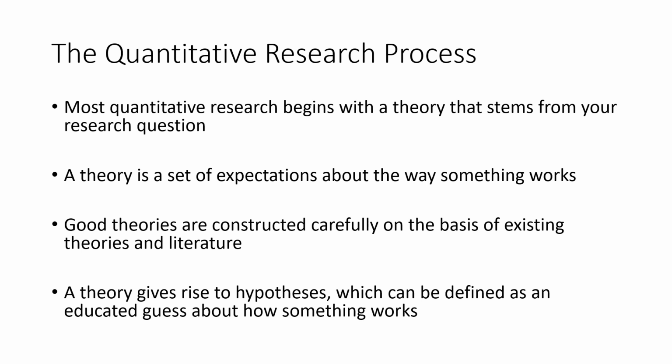When you pose a research question, you want to look at whether there are existing theories that have already been used to explain or answer that particular question. And you want to look at the existing literature that has also looked at that question. This way you don't have to start from scratch and build a theory from the ground up.